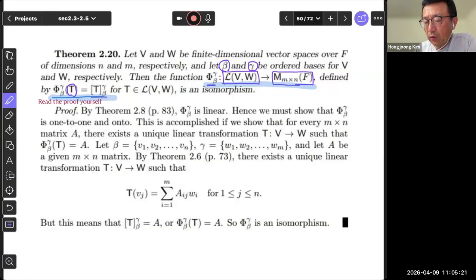You can think of any matrix in this space, and then I can construct a linear transformation having that matrix as its own representation. Do you understand this? I'm just saying this mapping phi is an isomorphism.